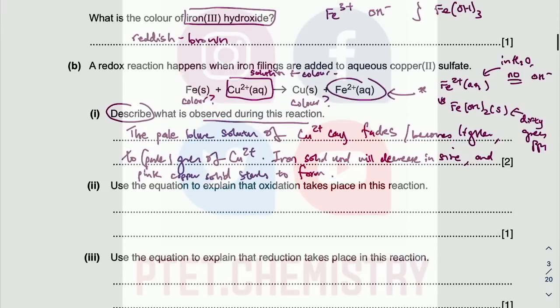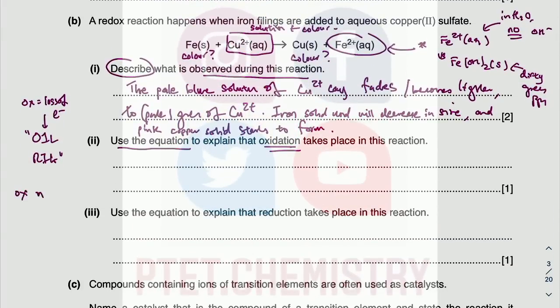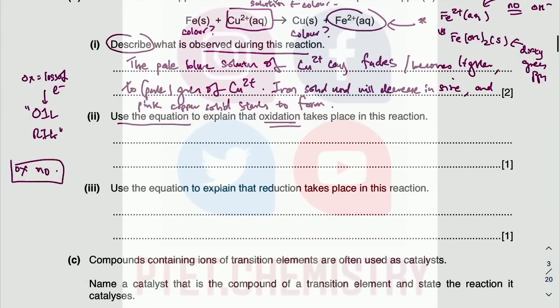All right, so you got to use this equation to explain oxidation has taken place. I hope you've done OIL RIG as your acronym, where oxidation is loss of electrons. There's also, in terms of oxidation number, which if I'm not mistaken, has already been taken out of the O-level syllabus, but teachers continue to teach oxidation in terms of increase in oxidation number.